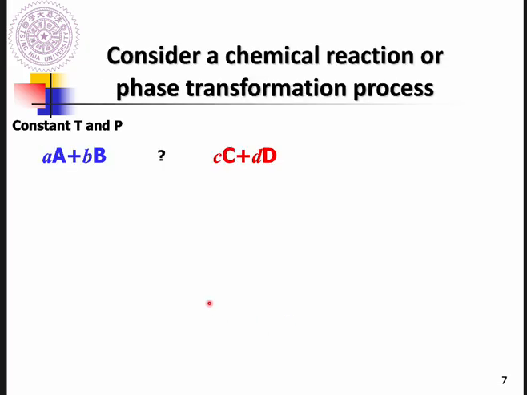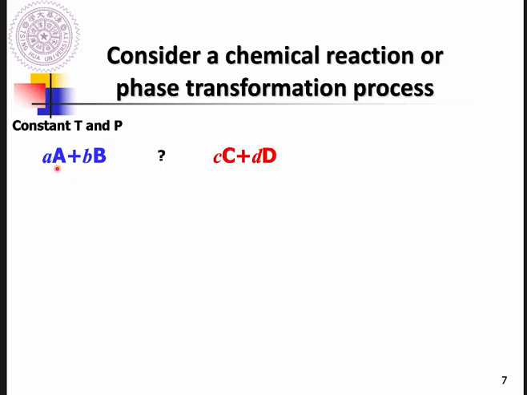So next, I will give you an example to link thermodynamics and kinetics, and the relationship between them. Let's consider chemical reactions here. Some people will call this a chemical reaction, or it can also be considered a phase transformation process. So now we have a fixed temperature and pressure.